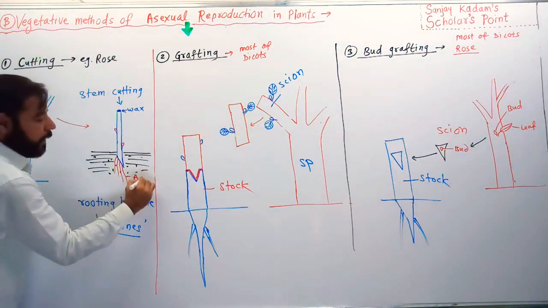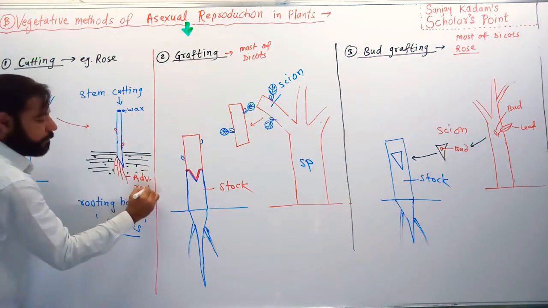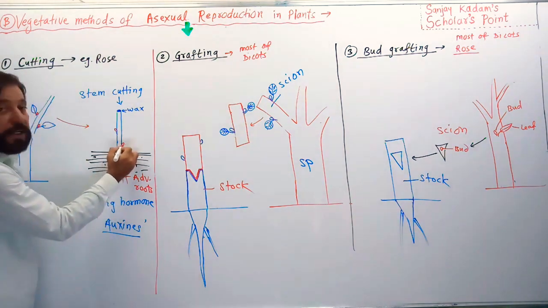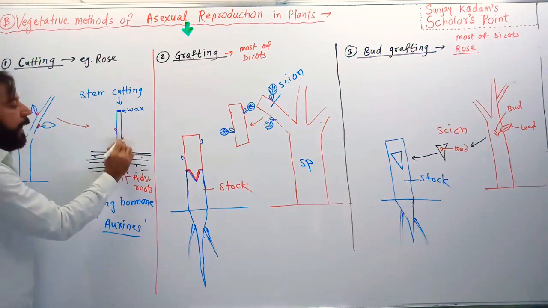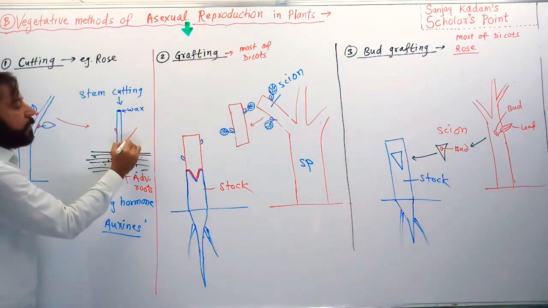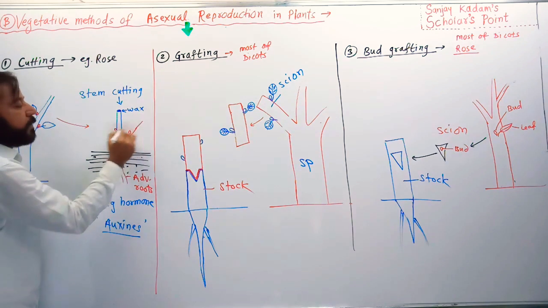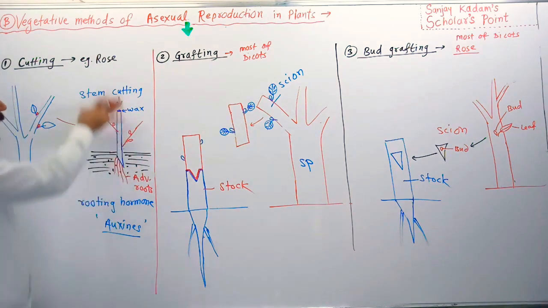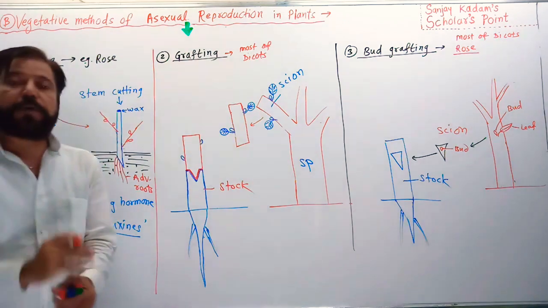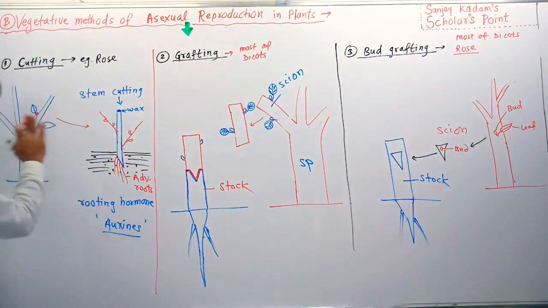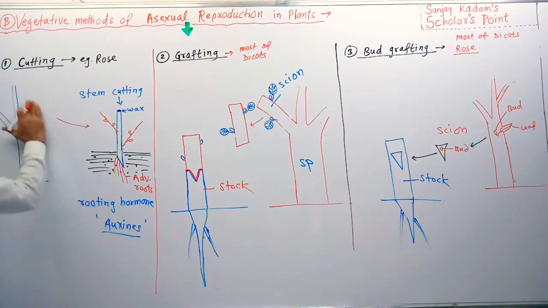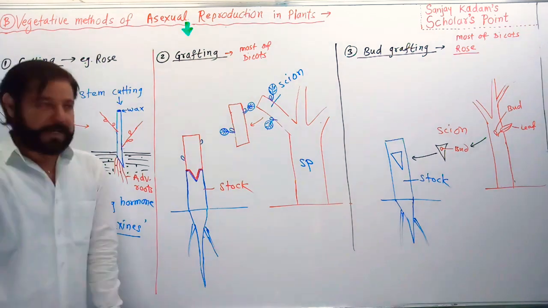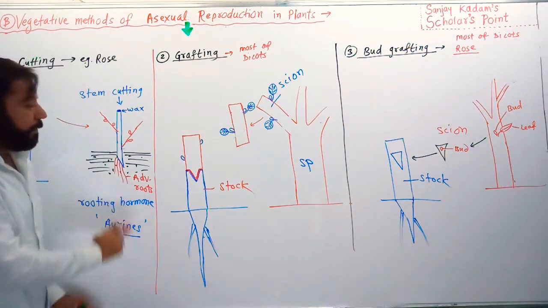These are the adventitious roots, and as the root formation occurs, it gives stimulation to the buds, and buds now start growth so as to form new branches, and in this way our stem cutting becomes successful and we get the new plant from this parent plant. Now in this way we get new rose plant by cutting method, by stem cutting method.